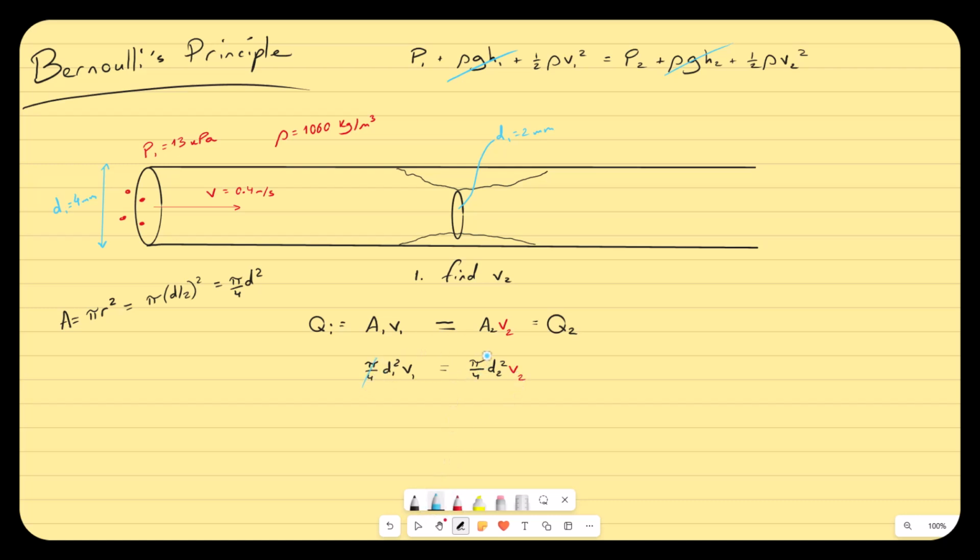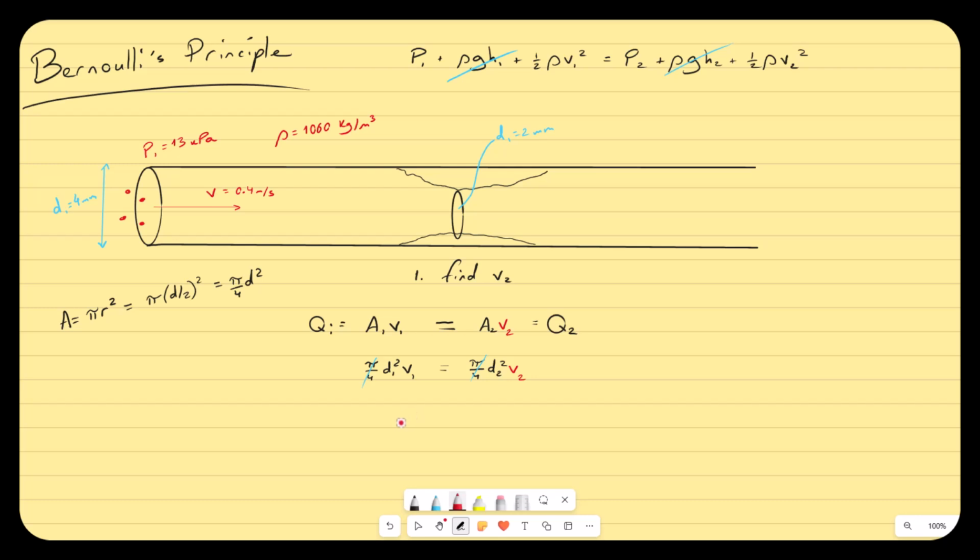The pi over 4s are going to cancel, which means when we're trying to find the area, if we know the diameters or the radii, we can just do d1 squared and d2 squared because the pi over 4 part's going to cancel every single time.